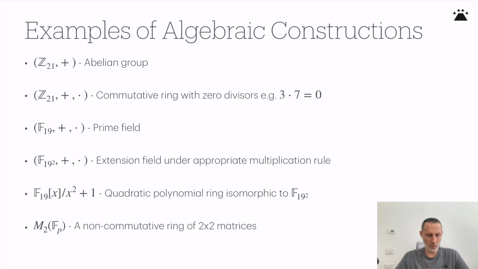Typically, a field will be of prime size, or extension fields, which would be of size some power of a prime. Though there is an isomorphism between polynomial rings over fields and extension fields, and so on.